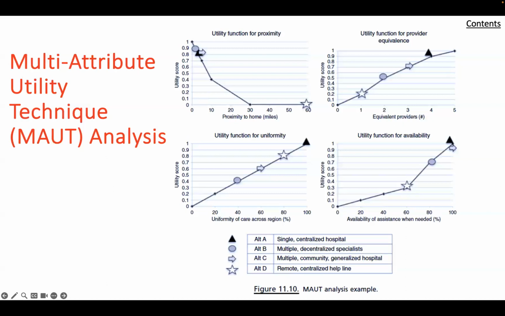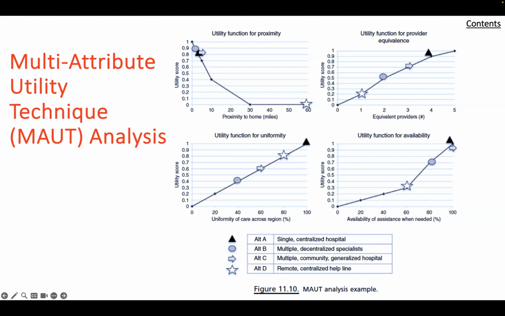So some of the decision criteria for our MAUT example include proximity of care to home, equivalent multiple provider care, uniformity of the care within a region, and the availability of assistance.